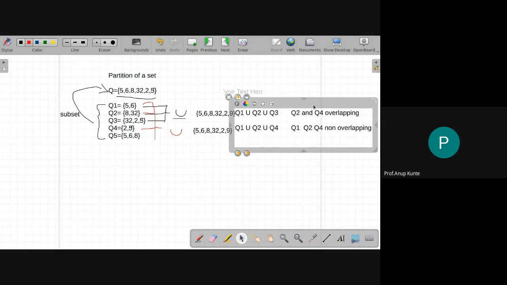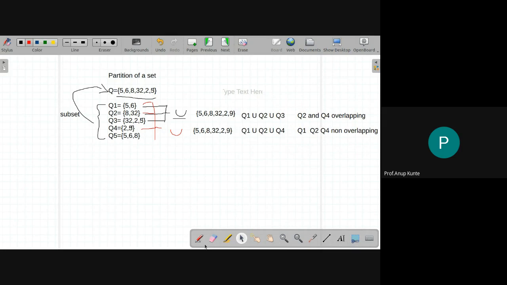A partition set is a set of subsets of the original set, such that these subsets compose the original set and are non-overlapping. So Q1, Q2, Q4 is a partition set.